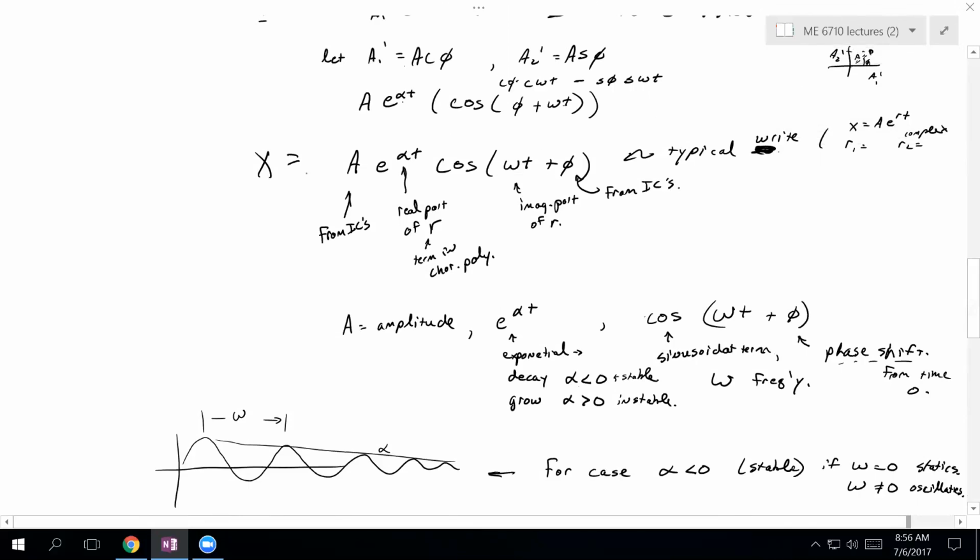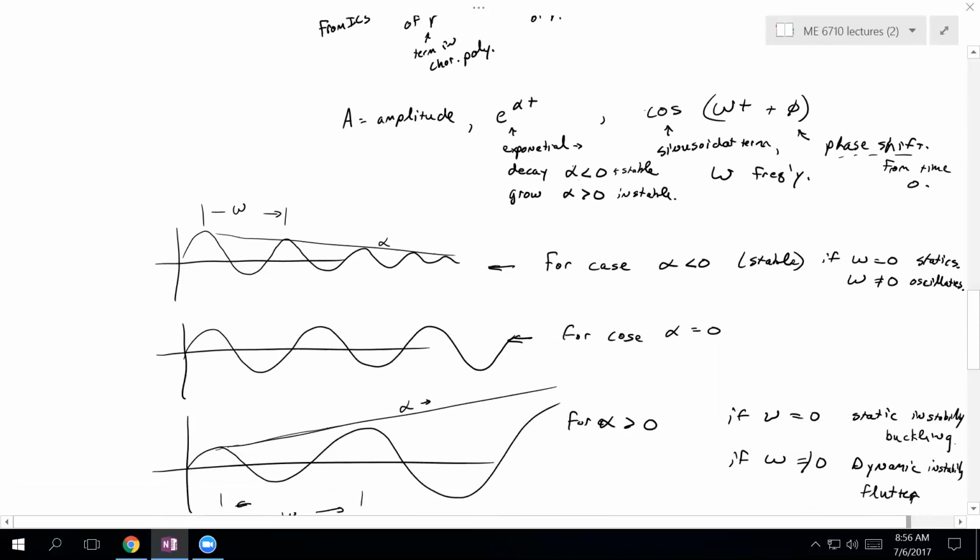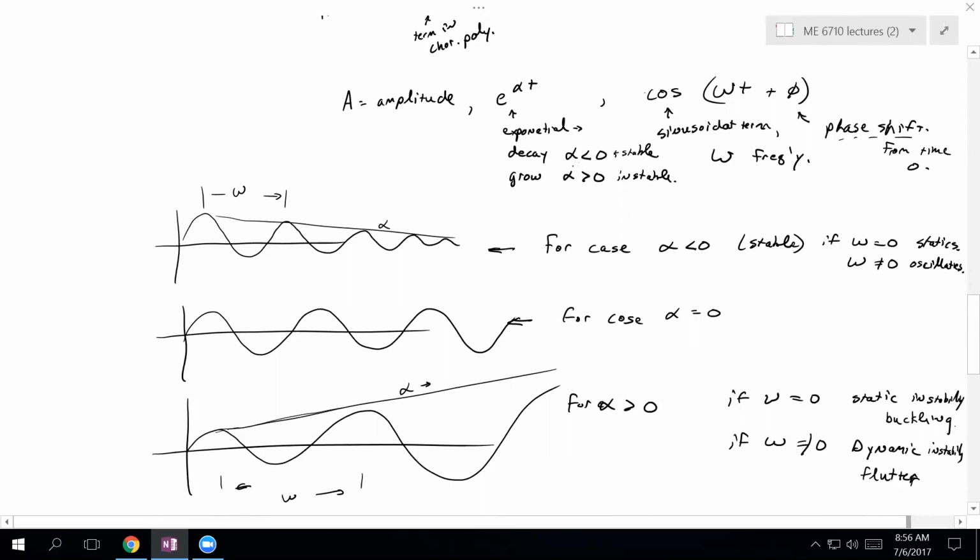The solution will be of this form, where alpha and omega are the roots. Alpha is the real part of the root, omega is the imaginary part. You'll use your initial conditions to find the amplitude and the phase shift term. If alpha is negative, it means your system is stable. That's really what you're looking for in general.